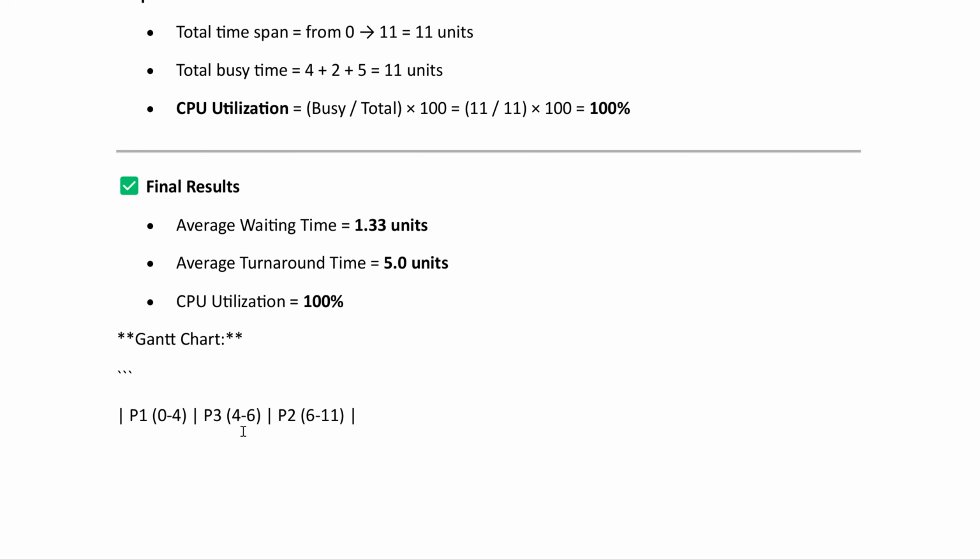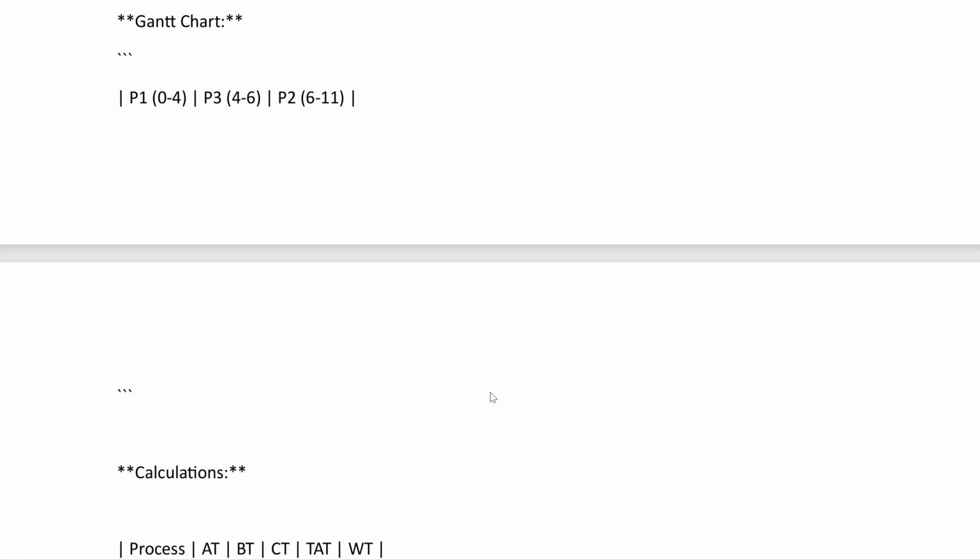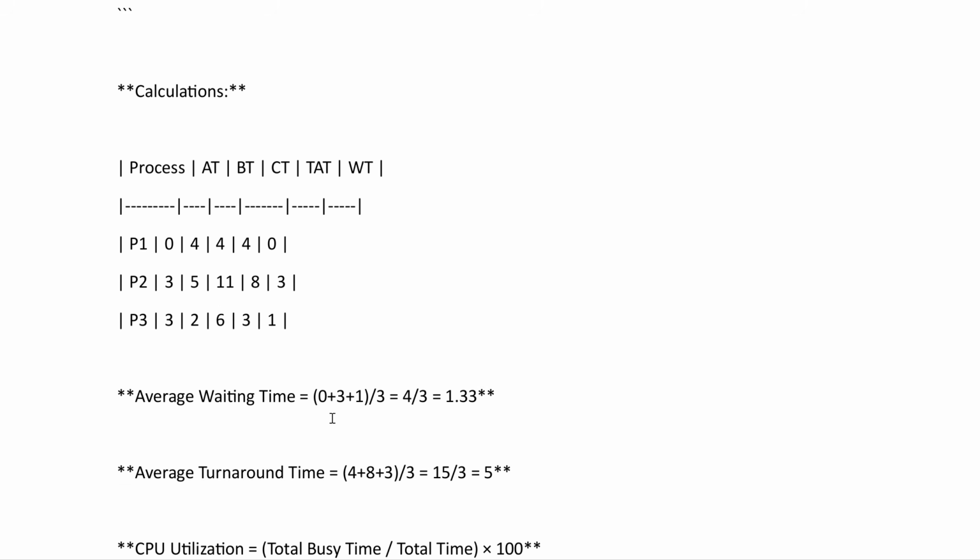So this is the Gantt chart drawn. You can see here P3 has been executed ahead of P2. Why? Because the burst time of P3 is 2, which is lesser than the burst time of 5 of P2, right? So you can draw the Gantt chart as well. Clear?